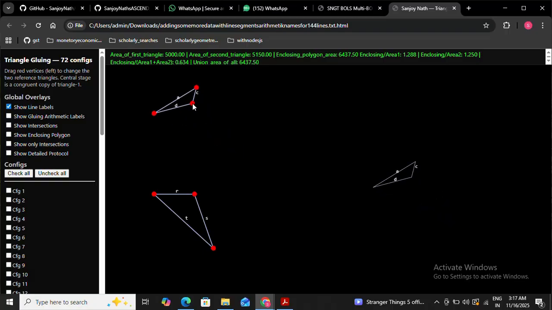That can happen, and we can construct the triangles, and this right side is the stage where we will show the gluing and the conditions of the gluing. Different kinds of gluing are there and different symmetries are there, and from there we will try to understand different kinds of symmetries that we can see on 2D plane, and ultimately from that we will reach towards the multi-possibility paths of the Feynman path integral stage also.